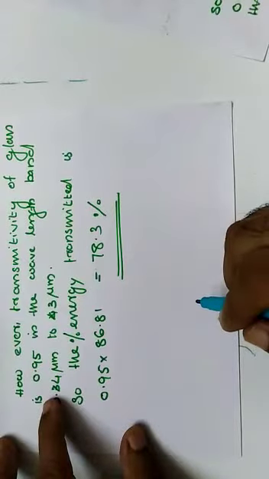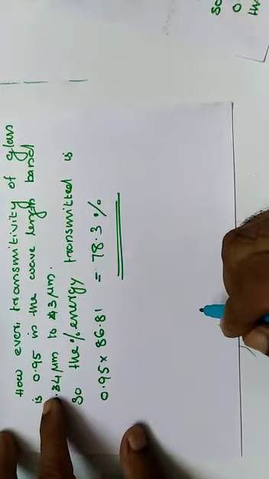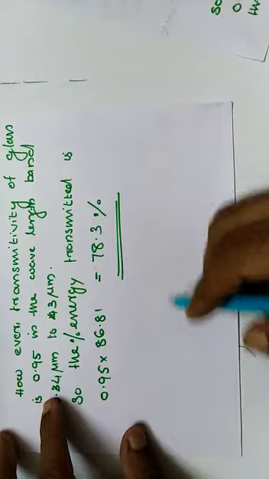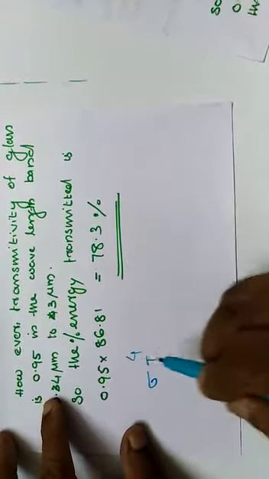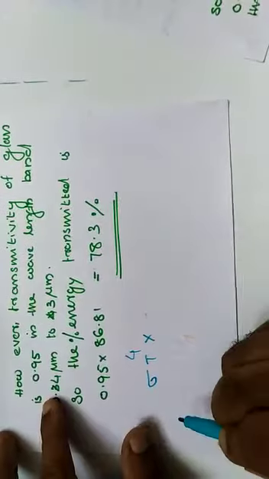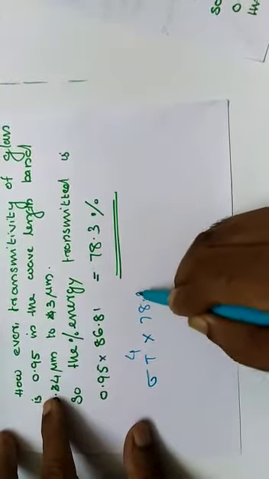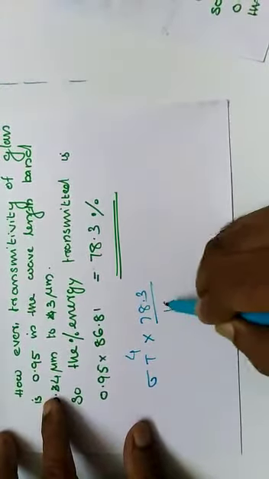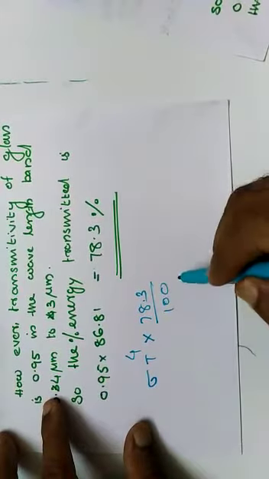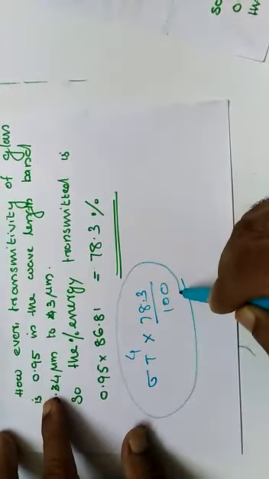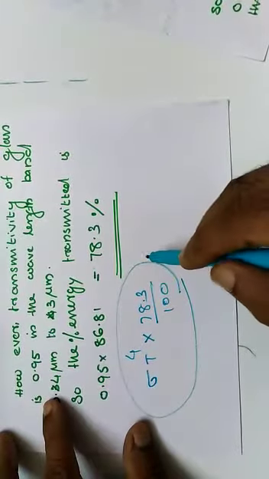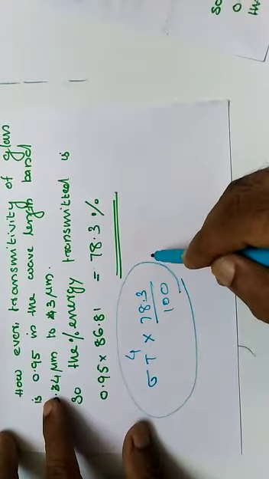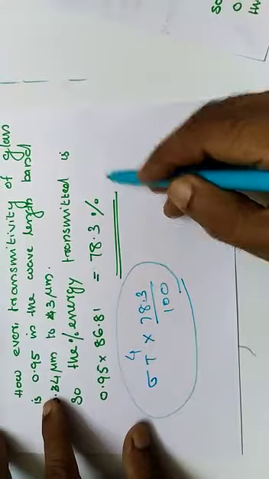If we have to calculate the actual amount of energy that is transmitted, then you have to multiply sigma T raised to 4, this is the emissive power, into 78.3%. This is the actual percentage of emissive power, or rather the amount of energy, that transmits through the glass plate.